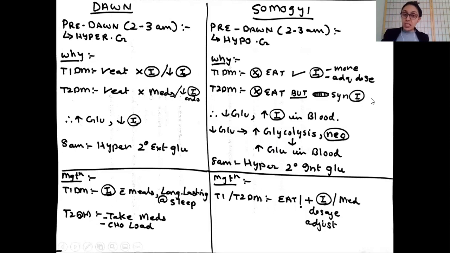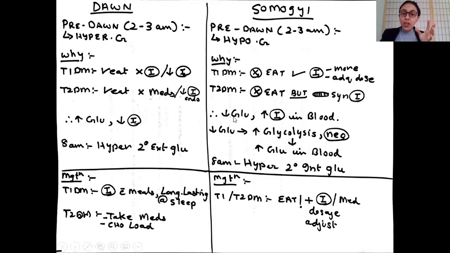But in this individual, they may have skipped a meal or eaten very little, but they have endogenous production of insulin, complemented with the medication, or if they are on an insulin regimen, they may have taken the insulin as well. So over here, basically what is happening is the insulin component is high, the glucose component is low.